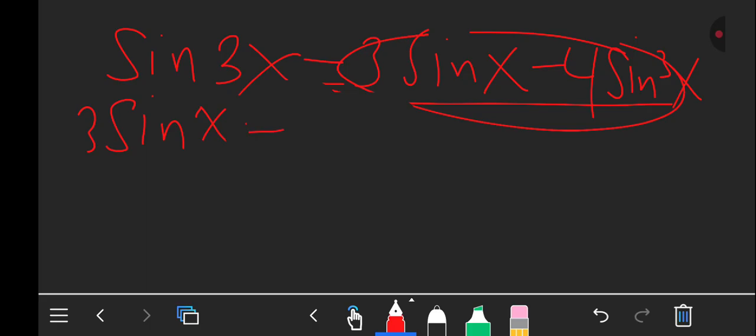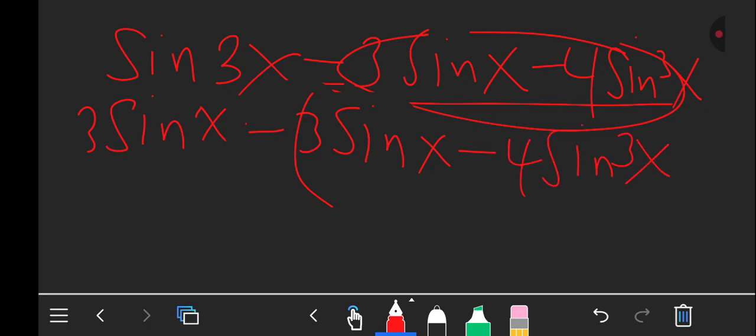So it will be minus 3 sine x minus, and this must be in brackets, okay, minus 4 sine cubed x. We've substituted the identities for sine 3x. Sine 3x is just 3 sine x minus 4 sine cubed x. So what are we going to have here?